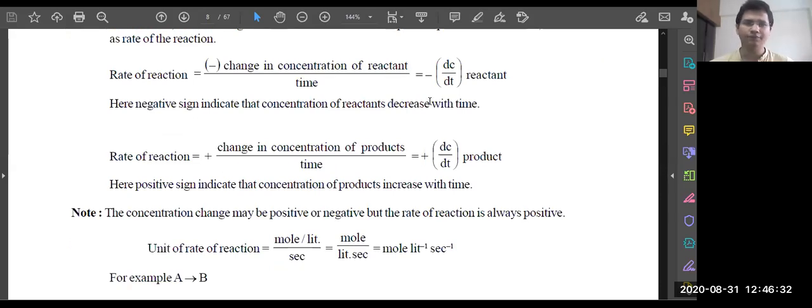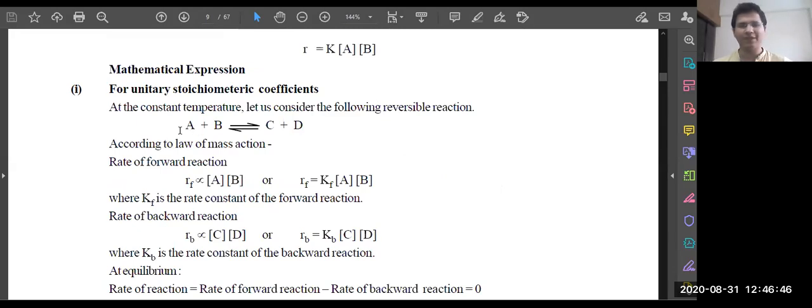Okay, everyone, I'll just revise what you have studied. We studied that if we have a reaction A plus B gives C plus D, then rate of forward reaction is Kf into concentration of A into B. Here the stoichiometric coefficients are not taken. That's why it is said that for unitary stoichiometric coefficient.